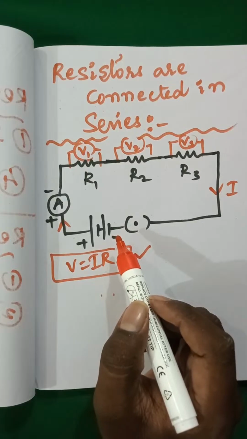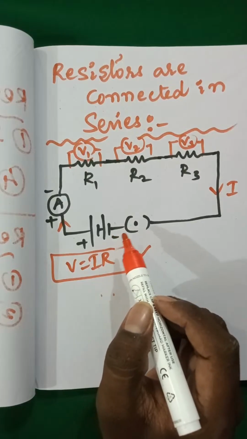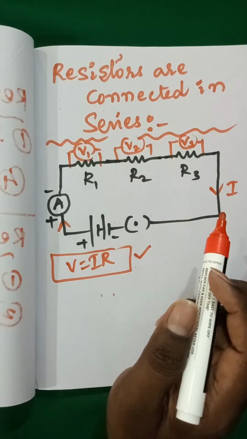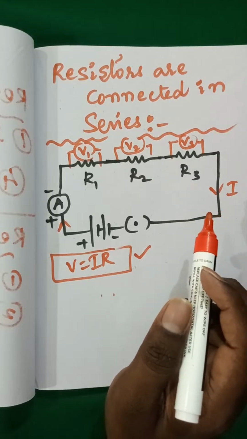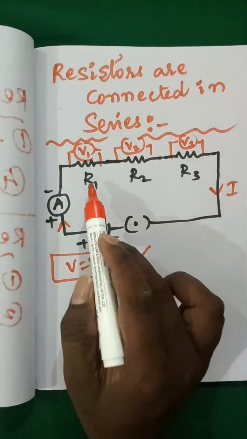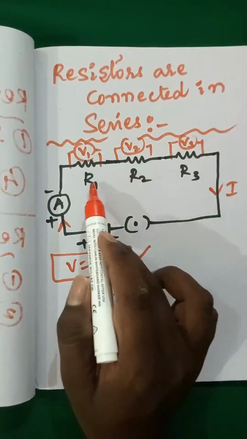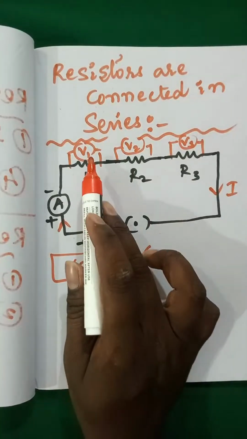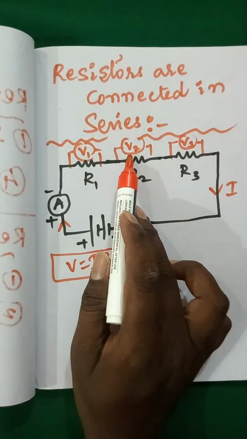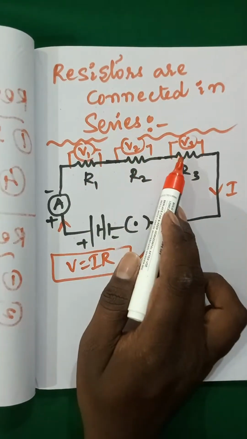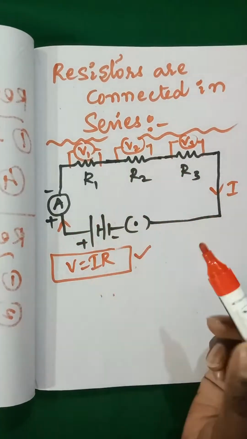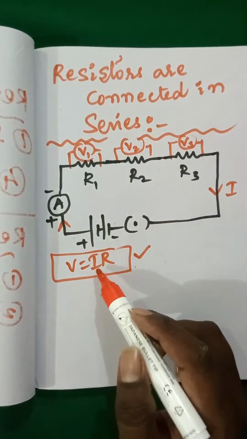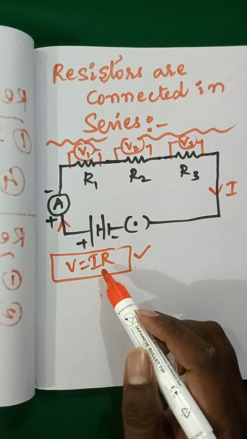Now you can observe in this case resistors are connected in series combination. Across R1, V1 is connected, across R2, V2 is connected, across R3, V3 is connected, and current is flowing throughout the circuit. From Ohm's law, V equal to IR.